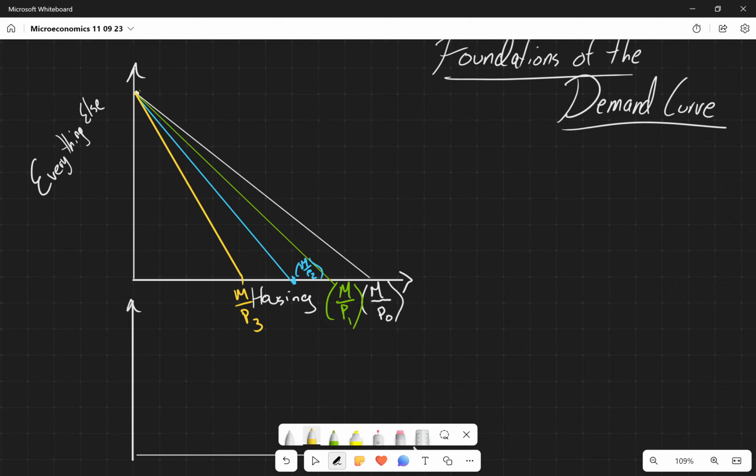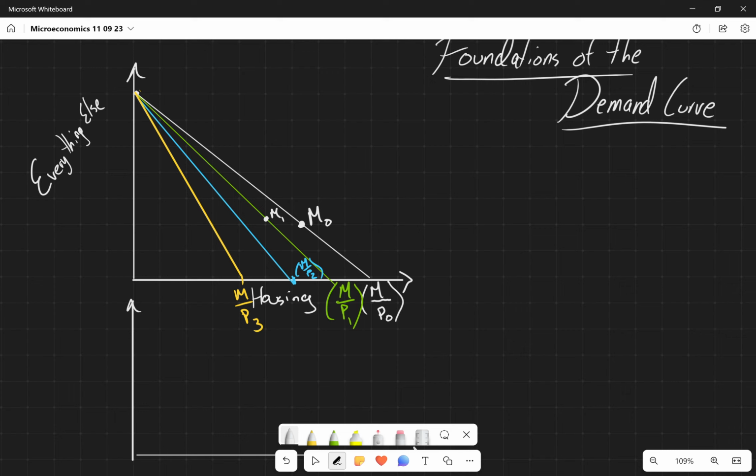And what the book says, and we're just going to follow along with that, is that our initial consumption is right here, our m0. Our consumption when the price increases is going to go to right here, m1.